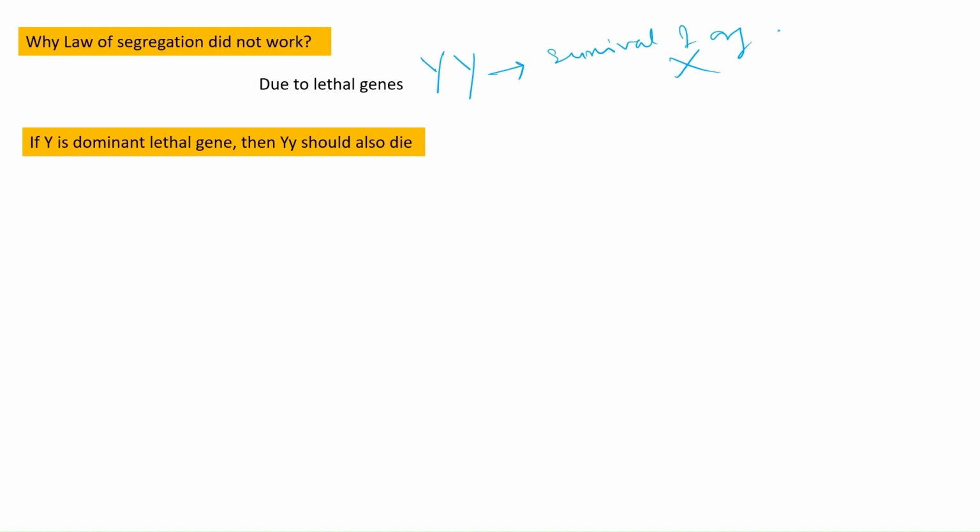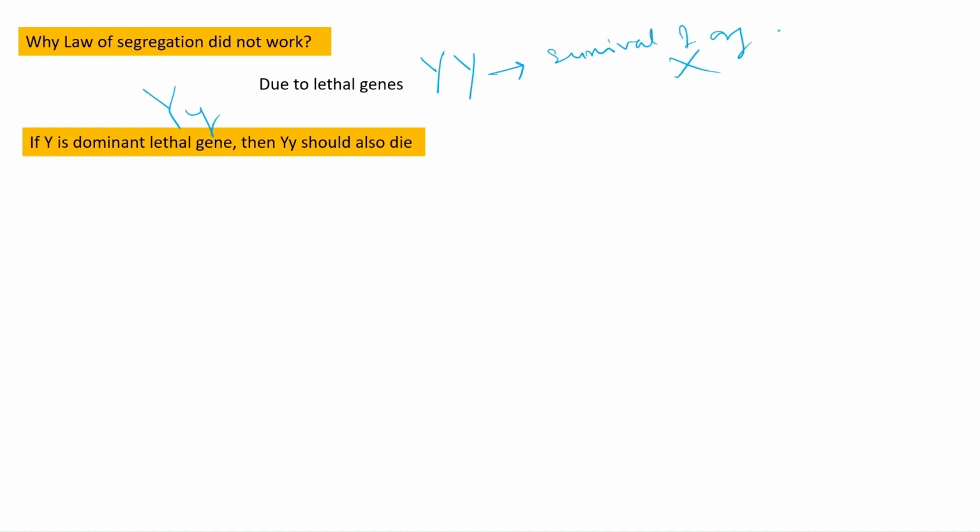Now, why did the law of segregation not work on this particular character, coat color in mice? Because of lethal genes. Because capital Y is a lethal gene, the presence of capital Y capital Y is not allowing the survival of the organism. Now the next question arises: if Y is a dominant lethal gene, then the capital Y small y genotype should also die.